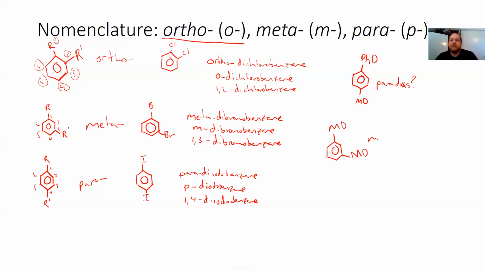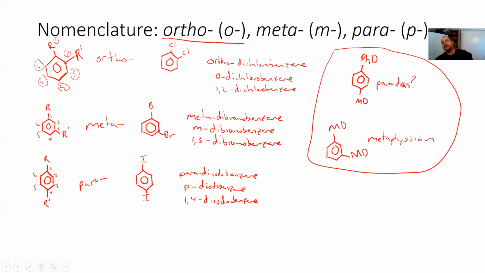So this would be a metaphysician. Right? Anyway, you can name these things, have some fun with the names. There's all kinds of good ones out there, using, say, benzenes, ortho-meta-para positions, or even the cis-trans isomers from the alkenes as well.